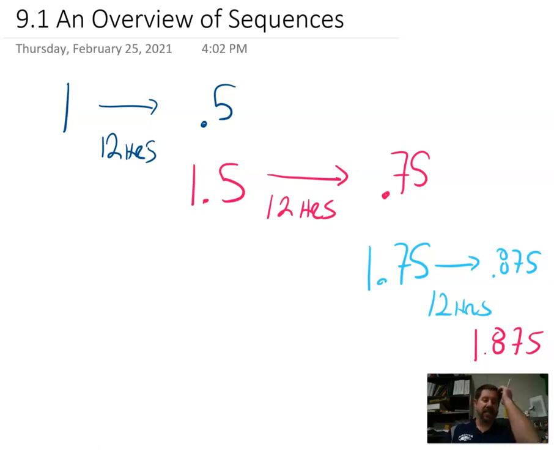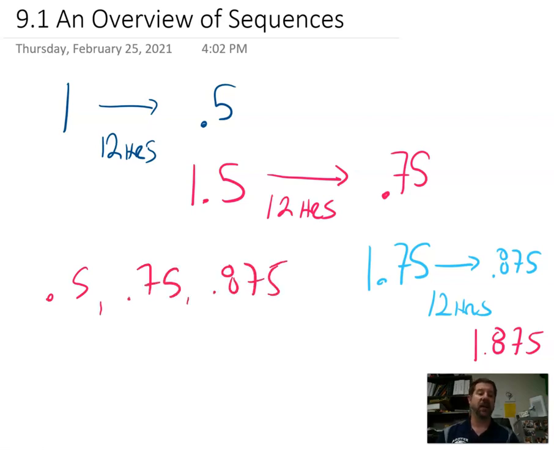Just so we know, again, a sequence is just a set of numbers, a pattern of numbers, a list of numbers. We have two sequences going on here. 0.5, 0.75, 0.875, and so on is one sequence we had.